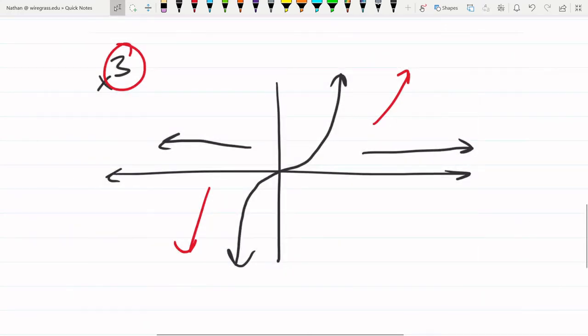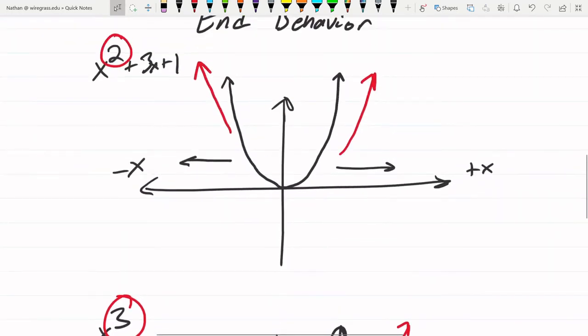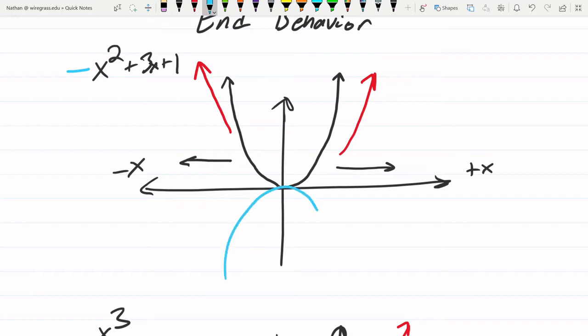These can be changed if there is a negative coefficient in front. So if the leading term is negative, so I'll put it in blue here, then this will be the polynomial we're looking at. And here we see we go down and down from both sides. You notice though that they're still the same direction.